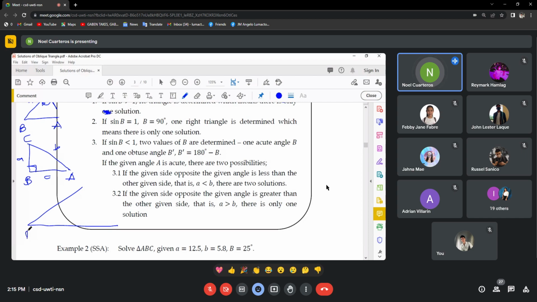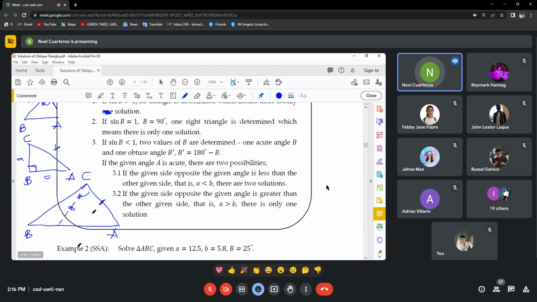So mao ni imong b class, this is your A. So kung imo ni siya i-move class diri na side, maka-create ka og another triangle. So kung imo i-move, kini siya na side is equivalent to this side. Okay?